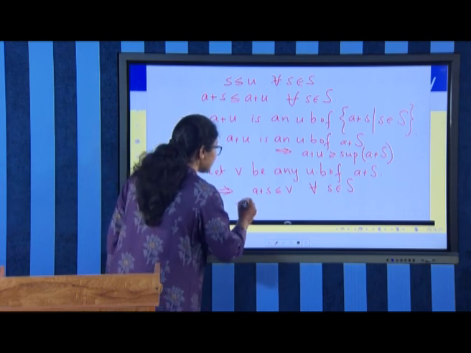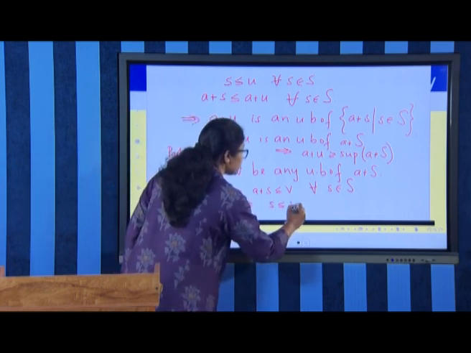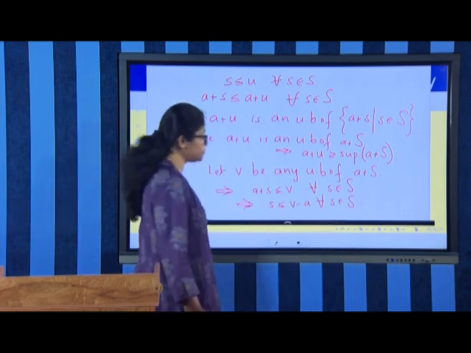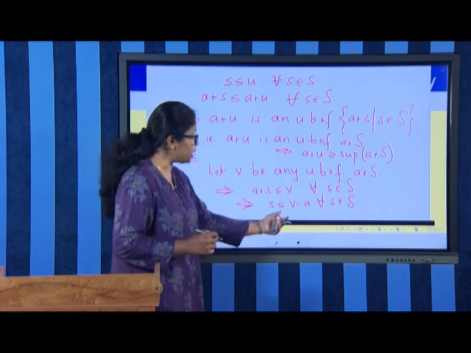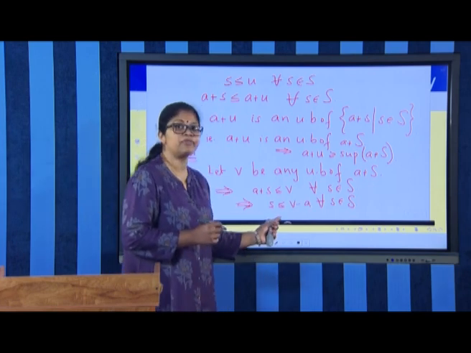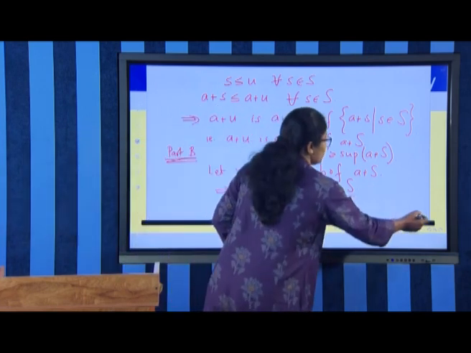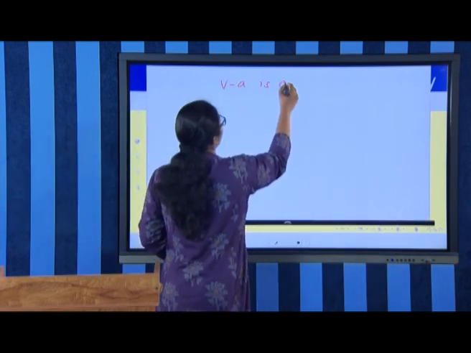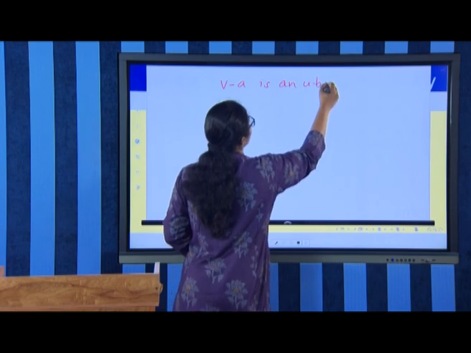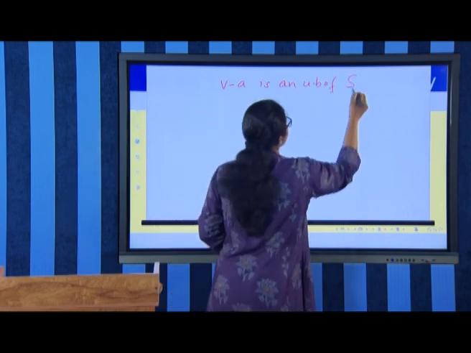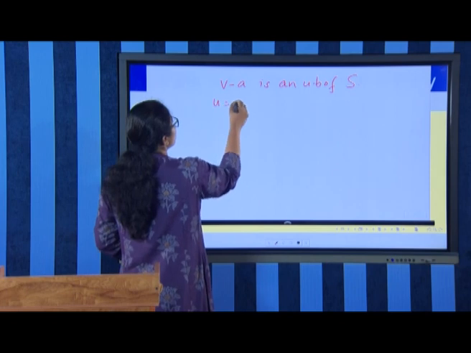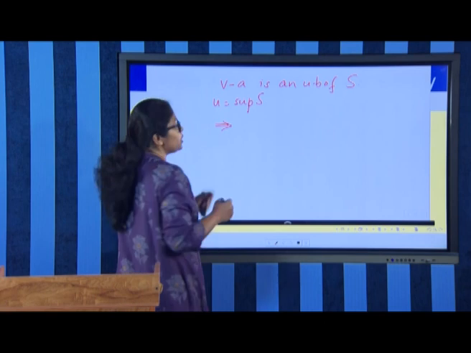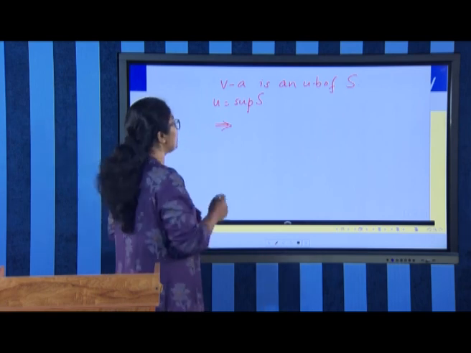Now, what does that indicate? S is less than or equal to V minus A for every S belonging to S. Now, we have V minus A to be an upper bound of capital S. But we are given the condition that U is the supremum of S, which indicates that U is the least of all the upper bounds.